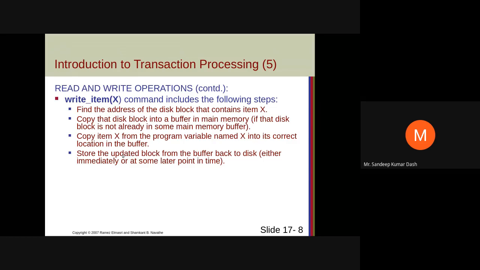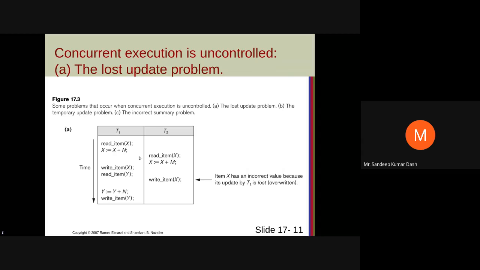So it is always from the buffer. Whenever this one is updated, 45 is in the buffer, and whenever this reads 50, this adds 5, 55. 55 will be in the buffer. So when it writes, it will write 55. It will not write 45 because it writes from the buffer.